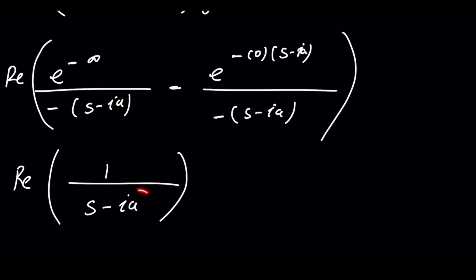Now, if we observe the denominator, it is s minus iota a, which is a complex number. To simplify this, we will multiply the numerator and denominator by the complex conjugate, meaning s plus iota a divided by s plus iota a. So we get this.